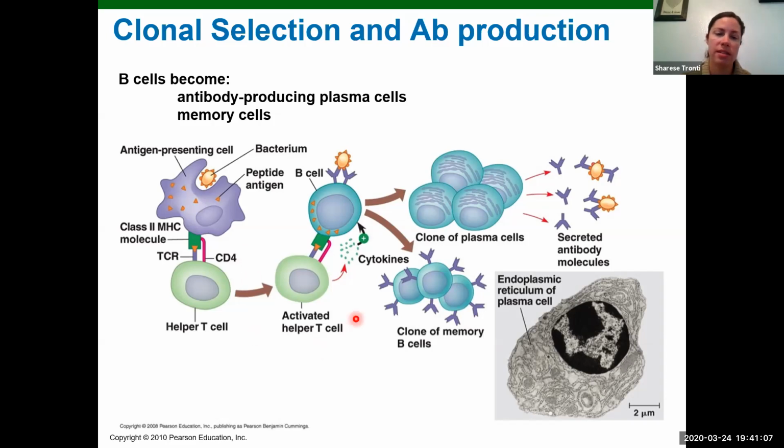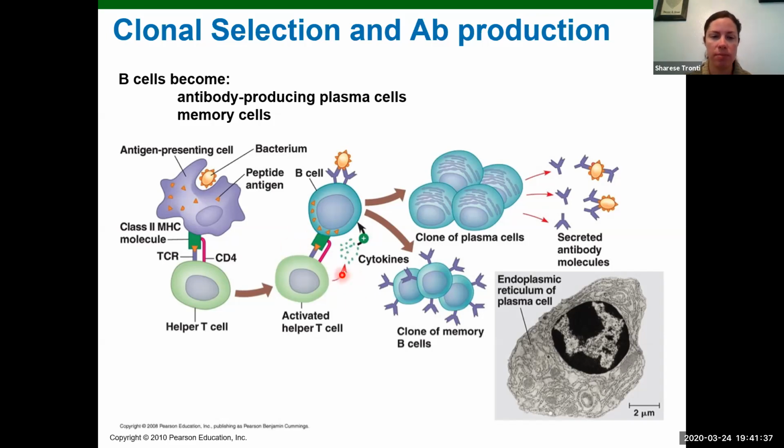This activated helper T cell can now go and activate the B cell. The B cell has already come into contact with the right antigen and is already presenting that on its MHC class 2 molecule. Then the activated helper T cell comes into contact with that MHC class 2 molecule, and they're in agreement.